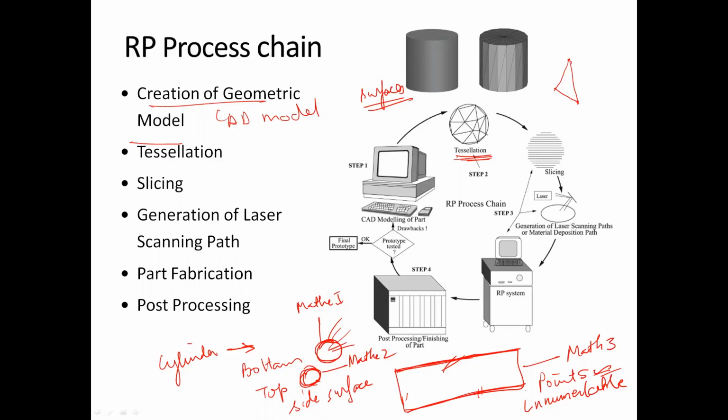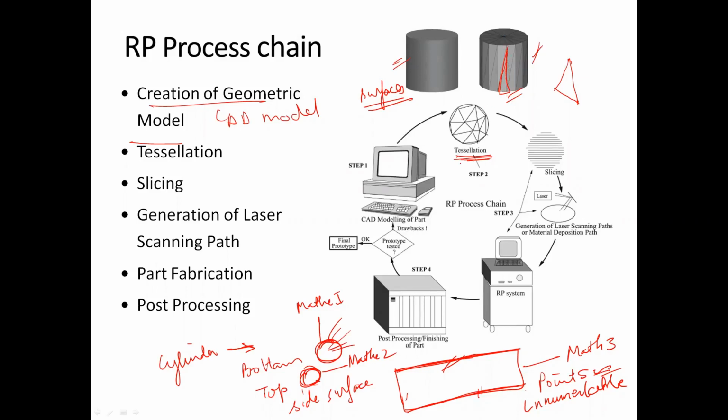So during tessellation, this object is divided into triangles, as you can see in the image. The whole surface is now defined with the help of triangles.